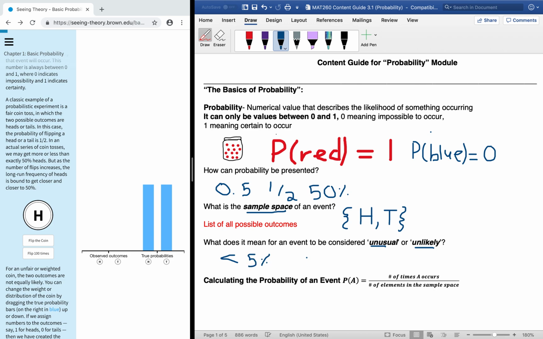And to write that the statistical way, we would say the probability of our event, we can just call the event A, we would want that to be less than 0.05. So if our probability or chance of occurring is less than 5%, that means it's unusual or unlikely. Now flipping a coin, the chance of getting heads is 50%. So the chance of getting heads is not unusual or unlikely.